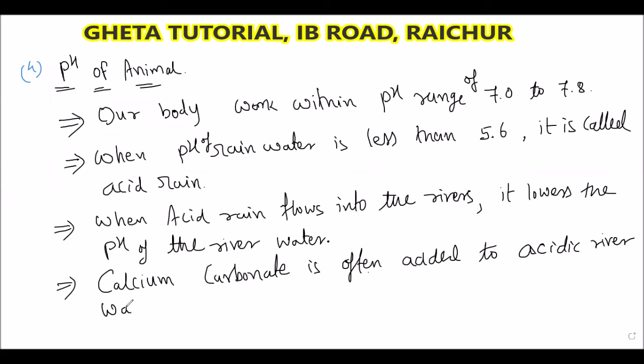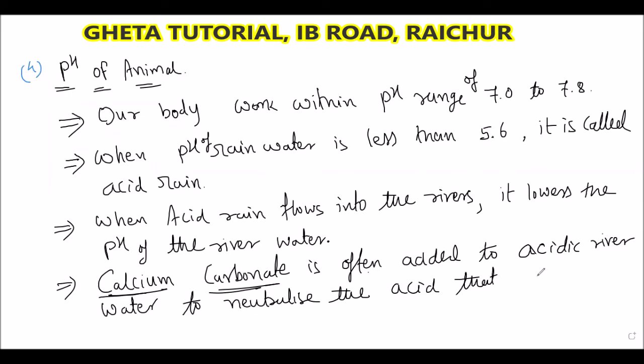Why are we adding this calcium carbonate to the river water? To neutralize the acid. To neutralize the acid that comes from acid rain.